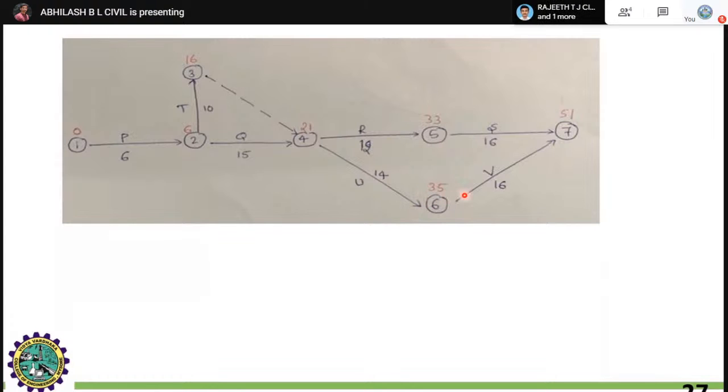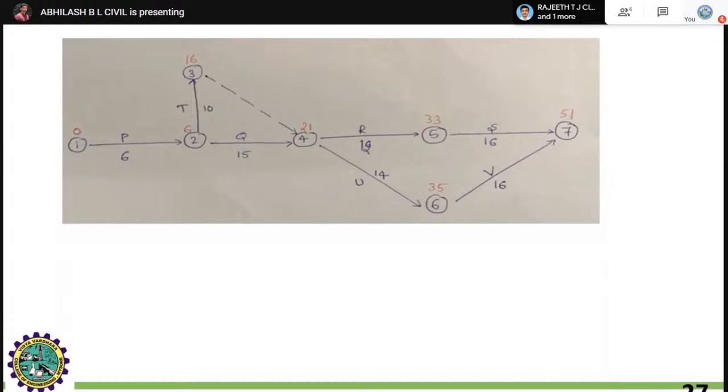Similarly, just wait and check with this, 33 plus 16, right? You will get around 49. 36 plus 16, you will get 49. Coming to the next, 35 plus, yes, somewhere I have made a mistake in this drawing, 14.